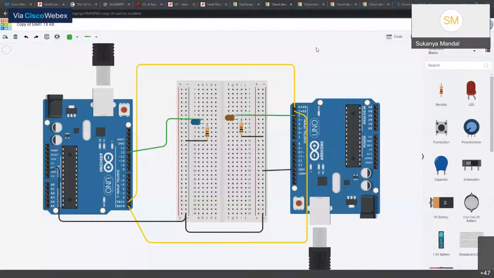There are a few here and there, but not quite up to the mark for proper demonstration. But this software is very good for Arduino simulations.